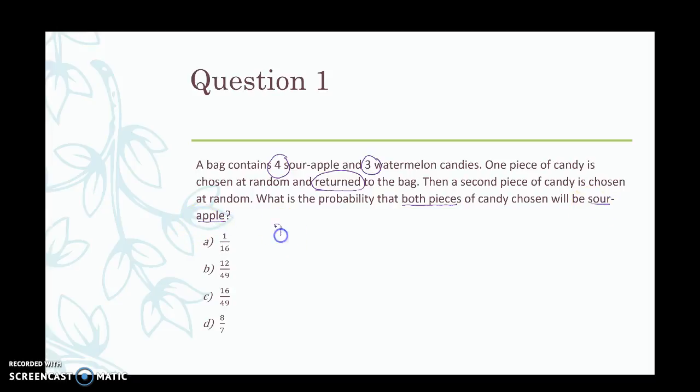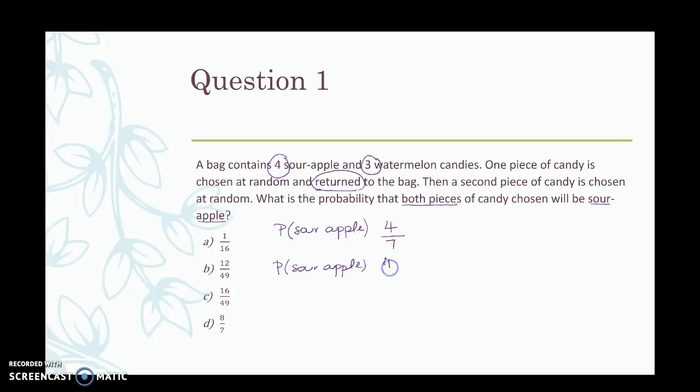So the probability of sour apple is going to be how many sour apples? There's 4 sour apple out of a total of 7 candies, 4 plus 3, out of 7 candies. So that's the first pull. The second pull, again, they want to know if it's sour apple, and it is returned.